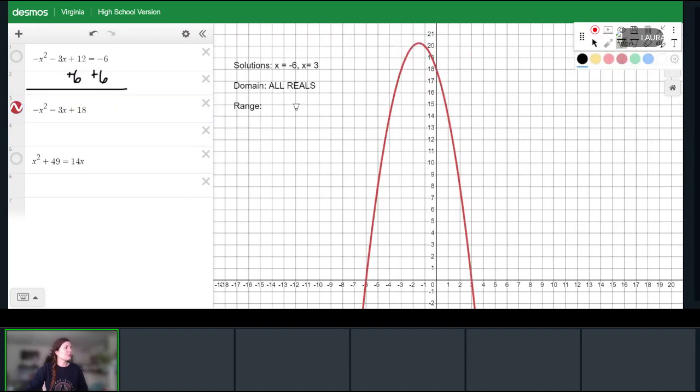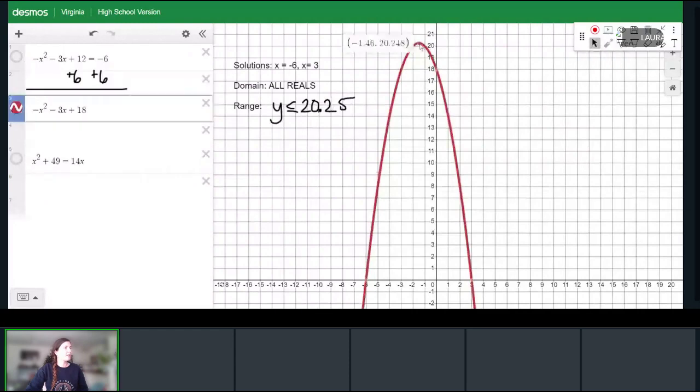So our range is going to be all y values that are less than or equal to this y value of 20.25. Again, here's where we got that. That was 20.25. So that was our solutions, our domain, and our range.